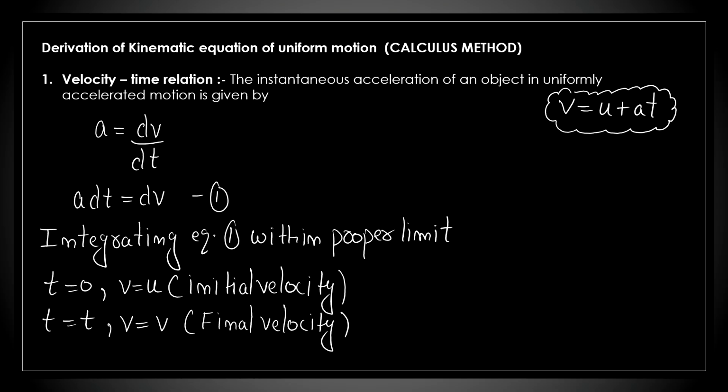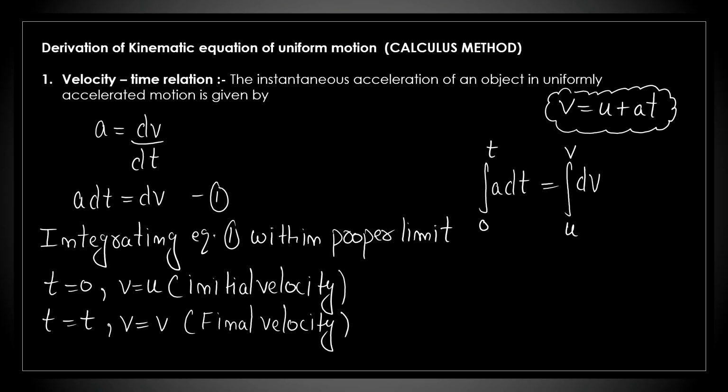Then equation first becomes integration of a dt within limits 0 to t equal to integration of dv with limits u to v, meaning when the object is at rest the velocity is u, and when the velocity is v, the time is t.